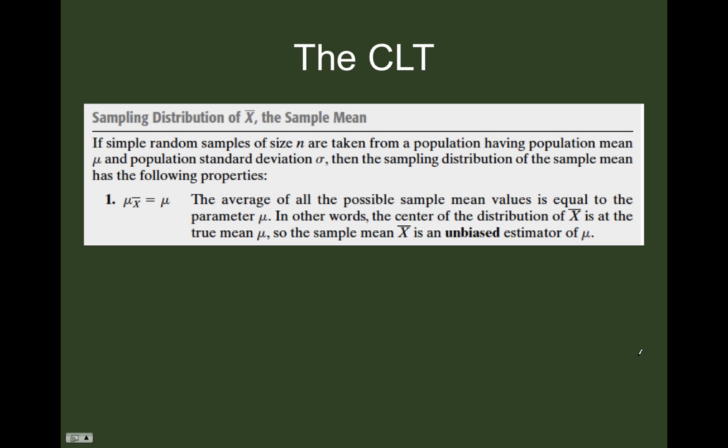So that's the first part of the central limit theorem, that the center of the distribution for x bar is the same as the center for x's distribution.